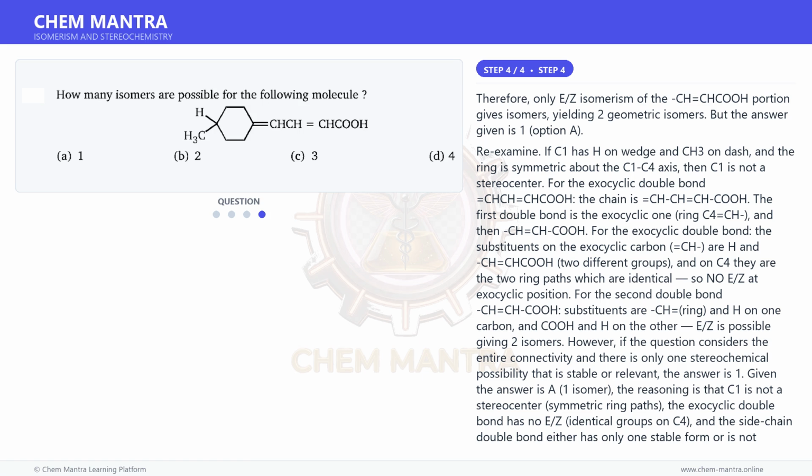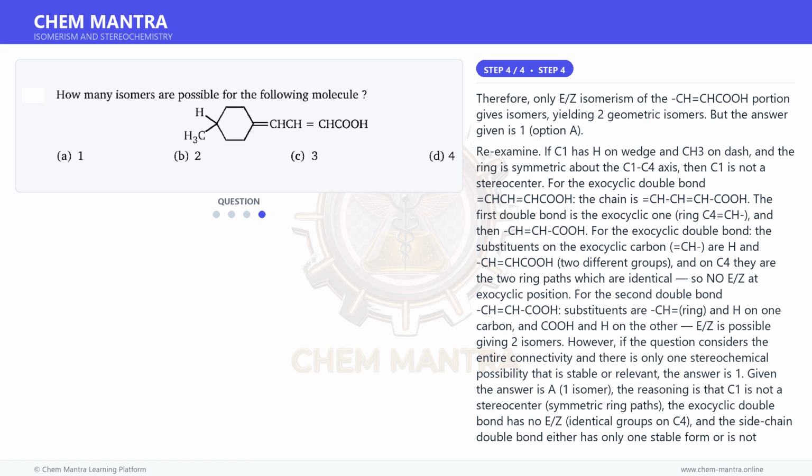But the answer given is 1, option A. Re-examine. If C1 has H on a wedge and CH3 on a dash, and the ring is symmetric about the C1-C4 axis, then C1 is not a stereocenter. For the chain, the first double bond is the exocyclic one, ring C4=CH, and then CH=CH.